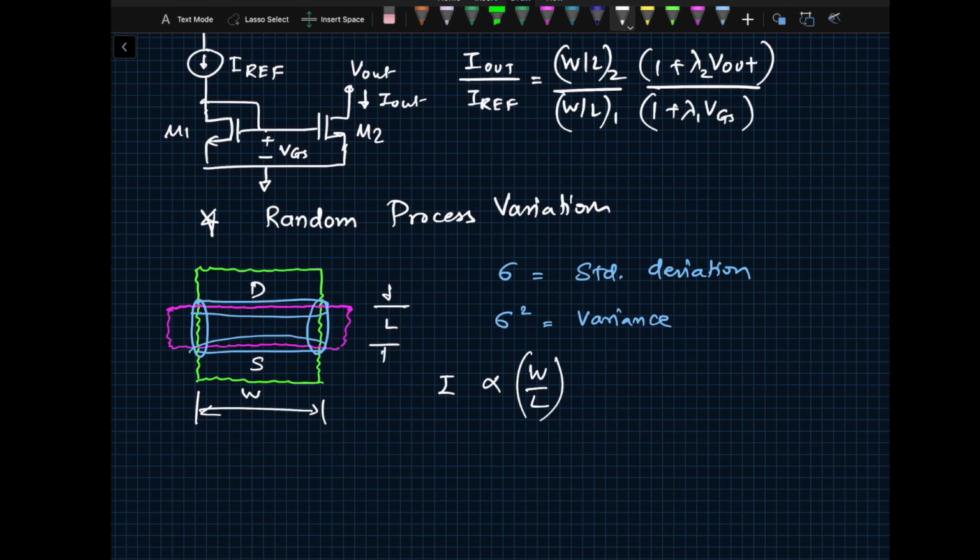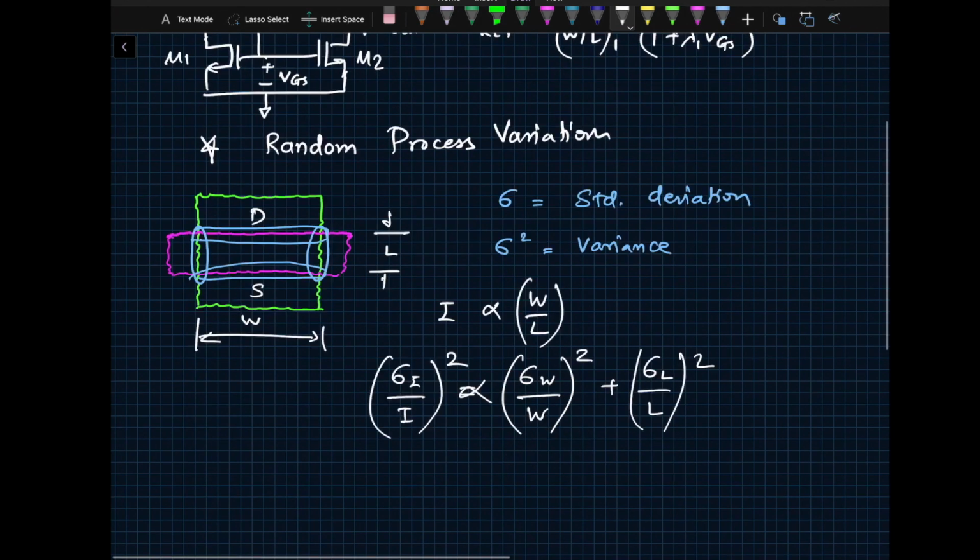So we can say that (sigma I divided by I) squared is proportional to (sigma W divided by W) squared plus (sigma L by L) squared. W and L are independent variables, so we have RMS addition between these two statistical quantities.